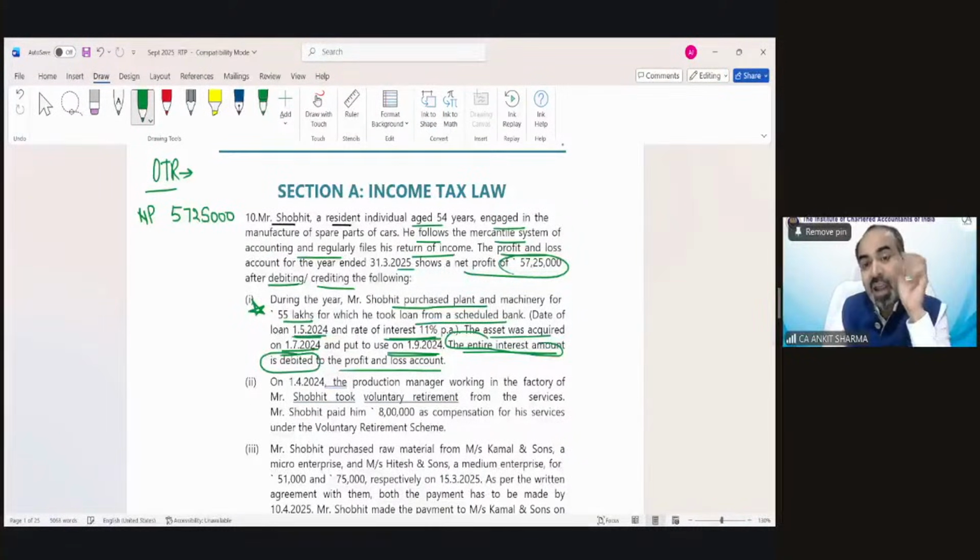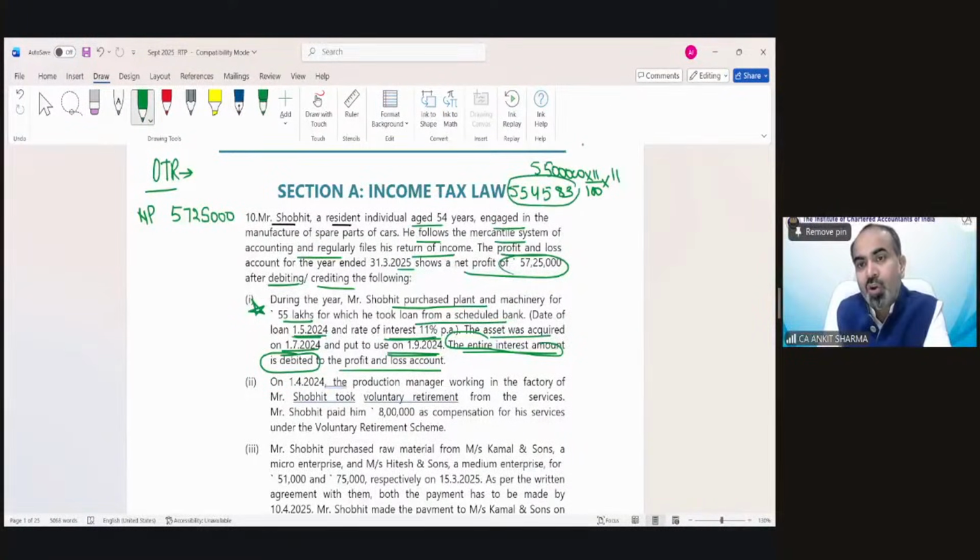So the entire interest on that loan, which has been taken from 1st May 2024, if you calculate it on 55 lakh rupees at the rate of 11% from 1st May 2024, that means for 11 months, the interest would be 5,54,583.